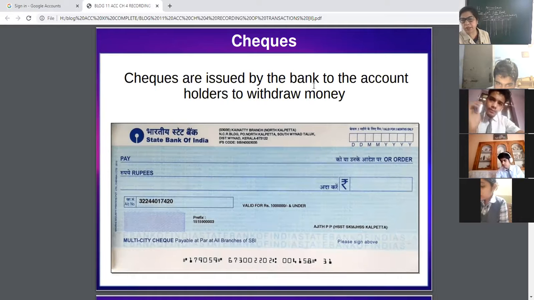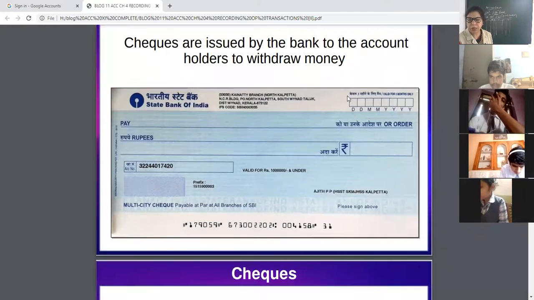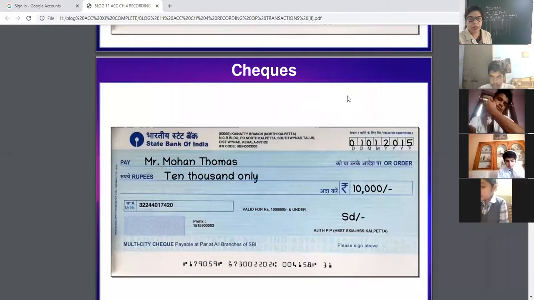Bank can give the check book. To whom can they issue? To the account holder. Why do they issue the check? To withdraw or transfer money. Only one line you have to make. Now see.